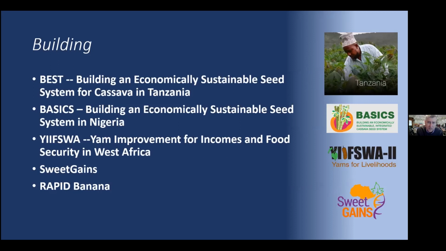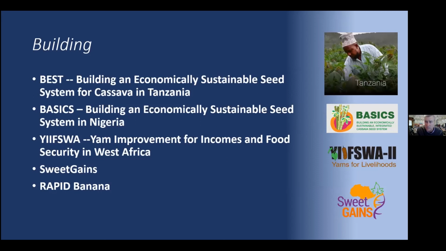And then our investment in SweetGAINS in the sweet potato space is also taking a similar approach, trying to find ways to create sustainable systems for the production of early generation seed, largely through the National Agricultural Research Institutes, but then linking them with decentralized volume multipliers who can multiply and sell the materials, hopefully in a way that generates adequate profits to sustain those small decentralized enterprises.